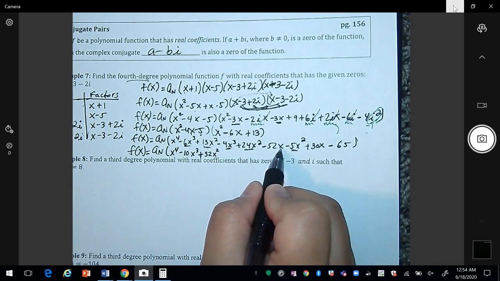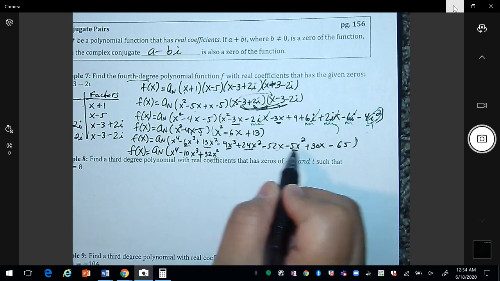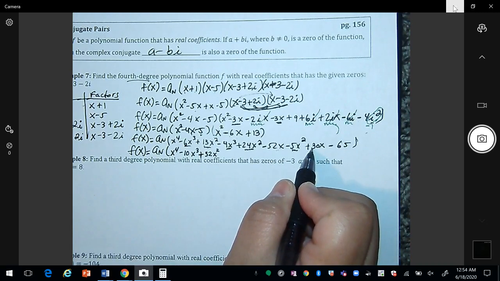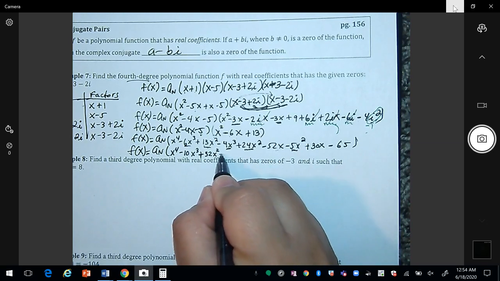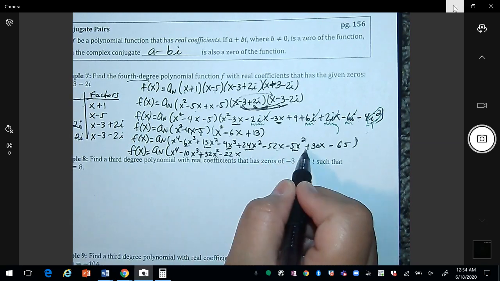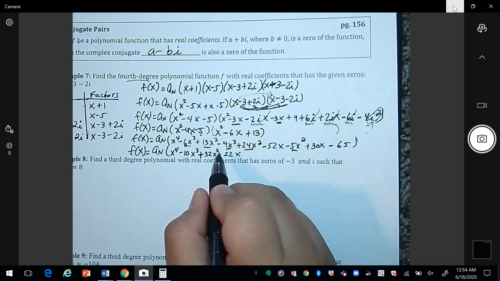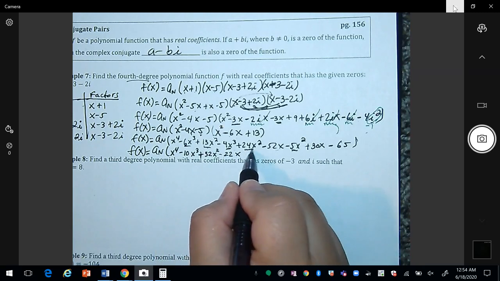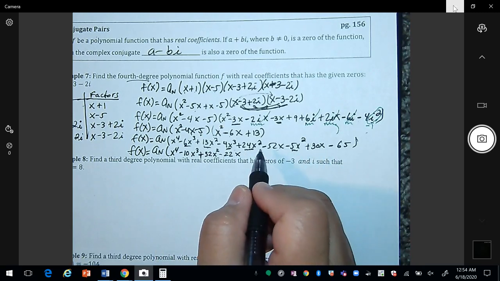And then for the x, we have negative 52x plus 30. So that would be negative 22x. And then finally, for our constants, we have negative 65.